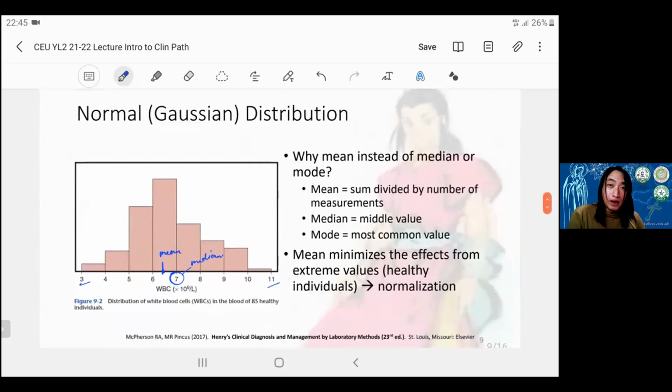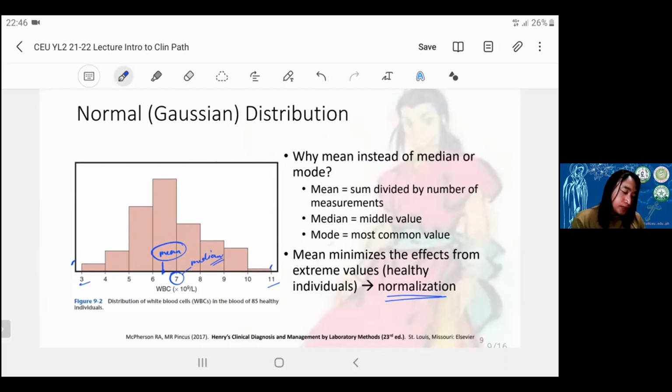So we're talking about healthy individuals, so we need to normalize the data. Mean minimizes the effects of extreme values. Because we are talking of healthy individuals, we need normalization of data, so we use mean rather than your median. Of course, median will be used for those abnormal results that have skewed data.